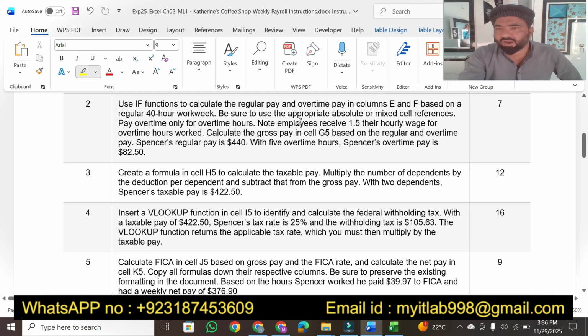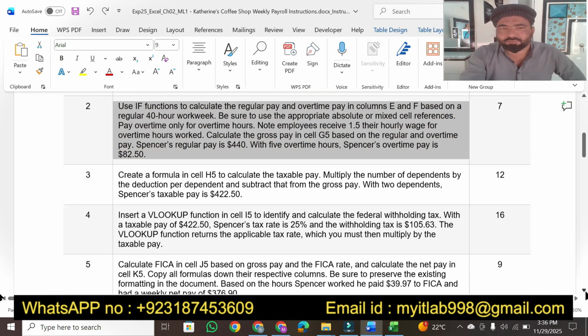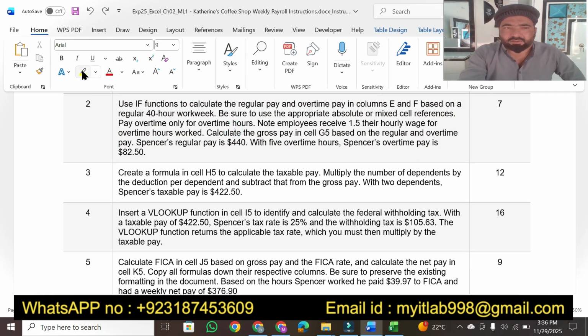In question number 2, what we have to do is read the instruction first carefully. Use a function to calculate the regular pay and overtime pay in columns E and F based on regular 40 hours weekly.